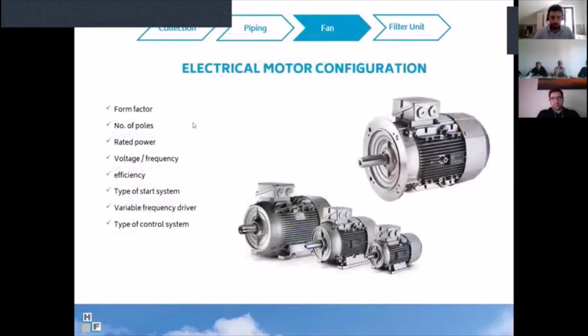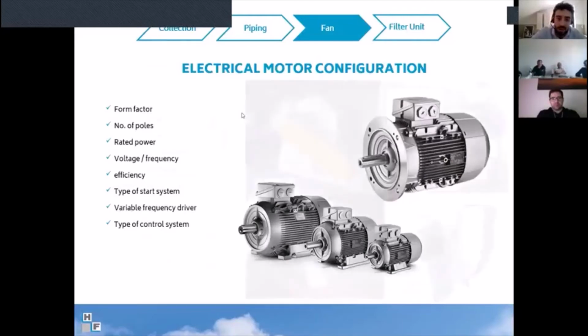When there is a margin between absorbed and installed, when we change the frequency thanks to the inverter, we can upgrade the airflow. If necessary, if we have margin, by installing a variable frequency drive we can increase the performance of the fan.